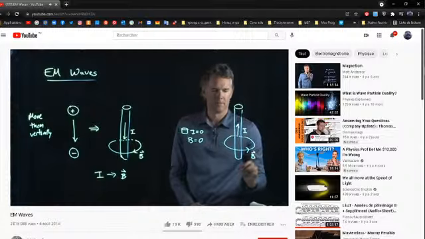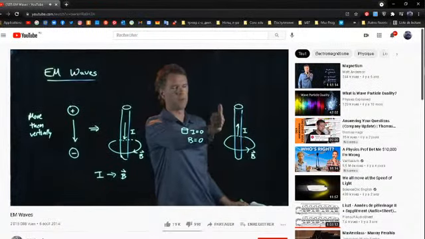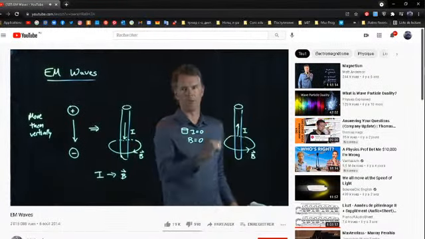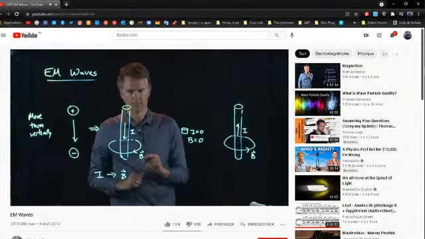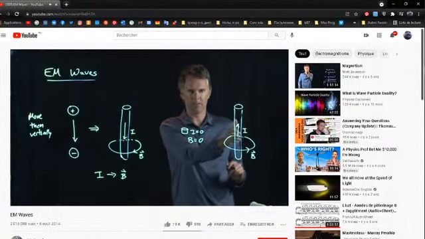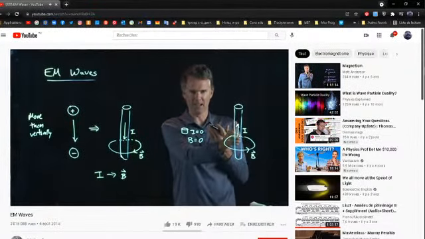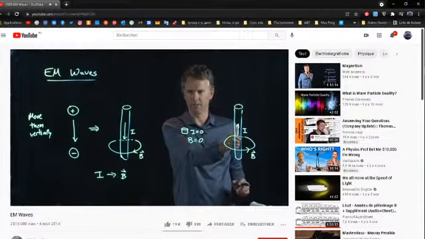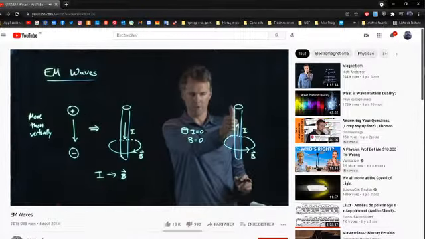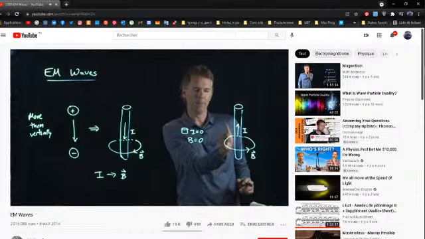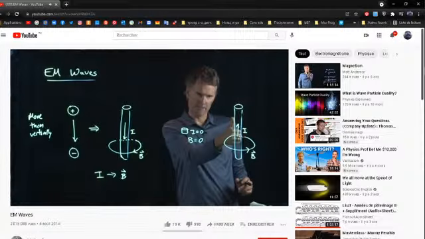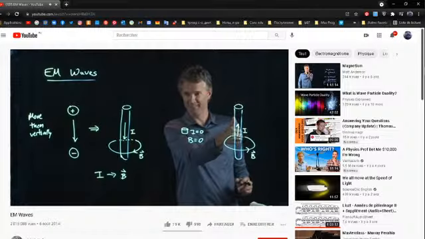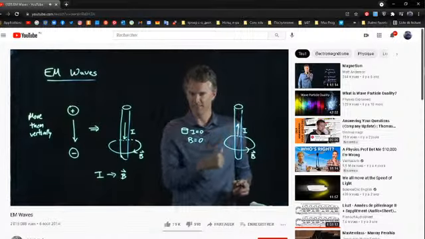Thumb in the direction of the current, fingers are wrapping around at me in the glass here, so look at the computer monitor when I do this, and confirm that your thumb going up gets you a B field that wraps around like that. Okay? And when you do it in the monitor, make sure you use your right hand. Does everybody see that one?